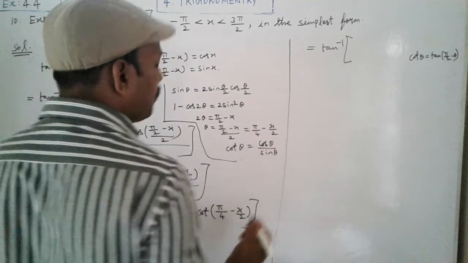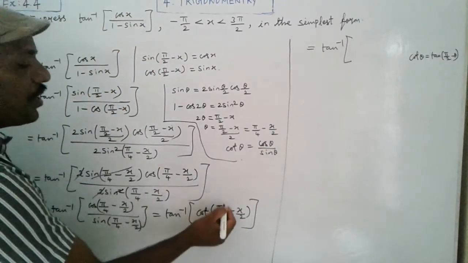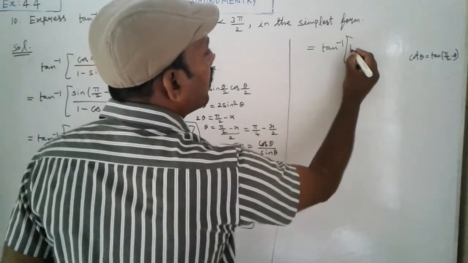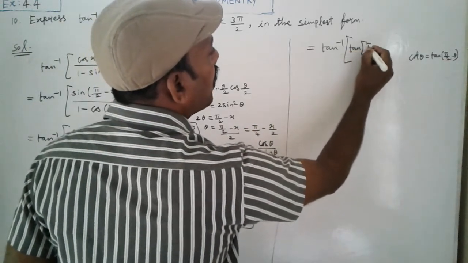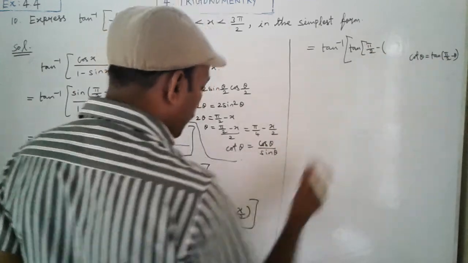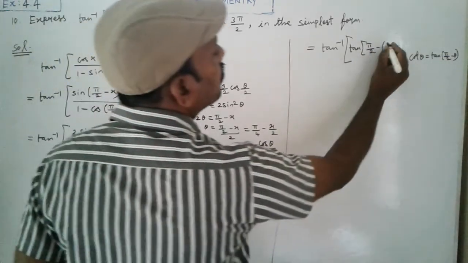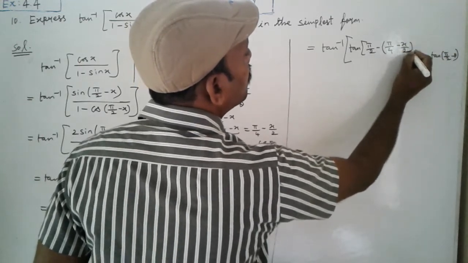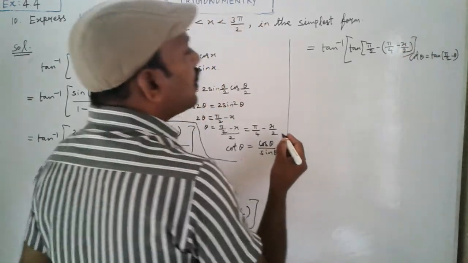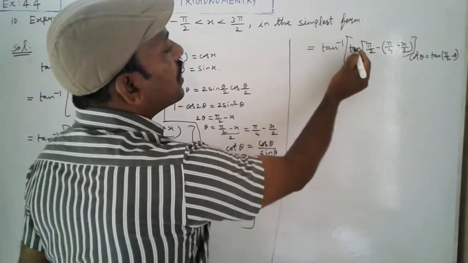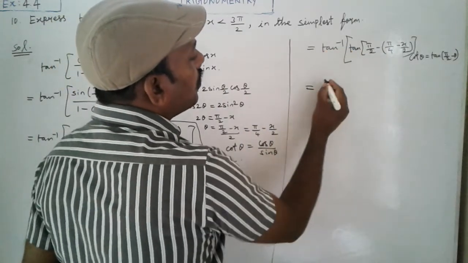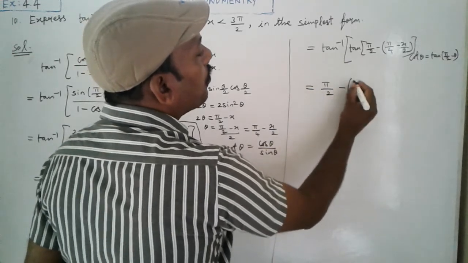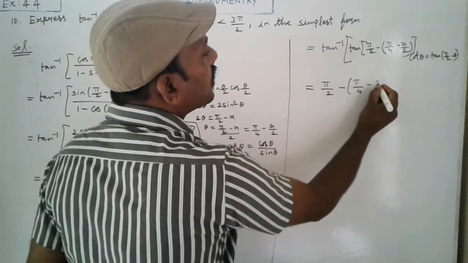So tan of (pi by 2 minus (pi by 4 minus x by 2)).